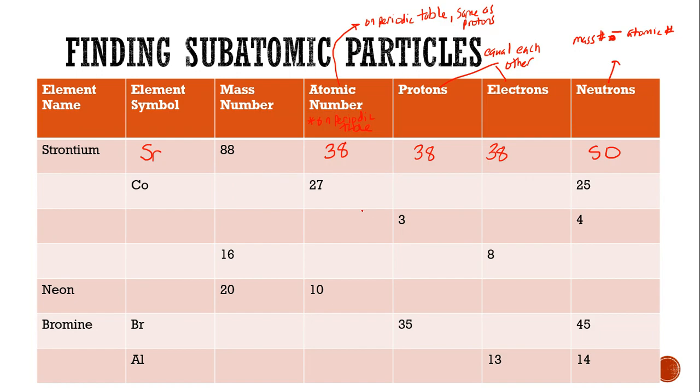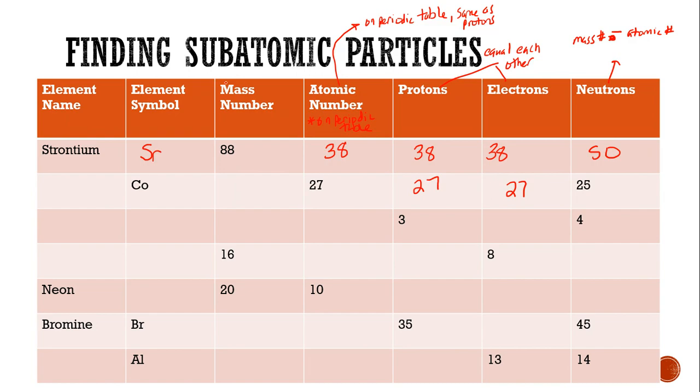Now, what if you were given different sets of numbers? Again, we can help fill these out. If my atomic number is 27, again, my atomic number and protons equal each other, so this is 27. Again, protons and electrons equal each other, so electrons also has to be 27. Now, how do I find mass number?